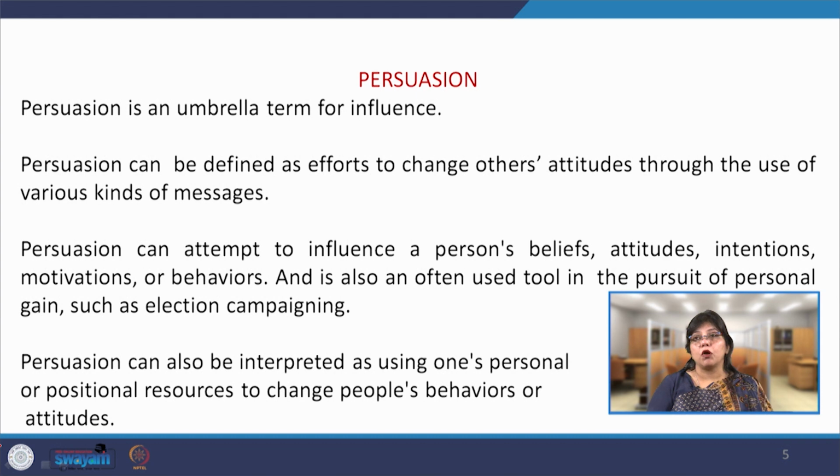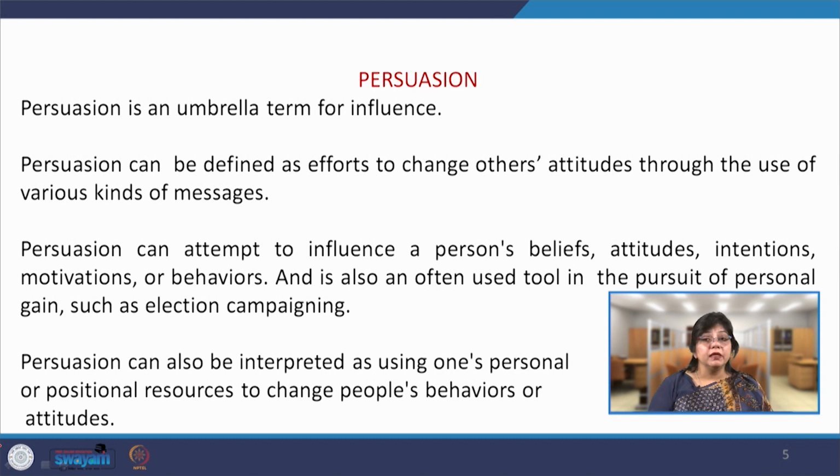The next is persuasion. Since we are discussing attitude formation based on observational learning, social comparison, instrumental conditioning or classical conditioning, persuasion is another tool, I would say, which leads to attitude formation. It is a kind of influence that a person has because of another person, and it can be defined as an individual's effort to change another person's attitudes through the use of various kinds of messages.